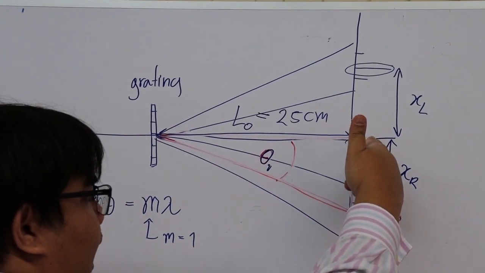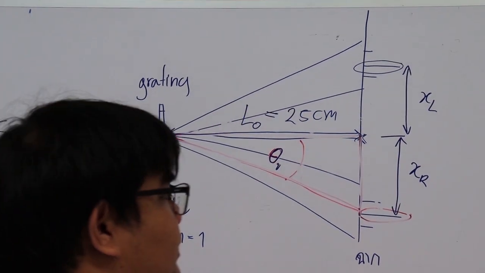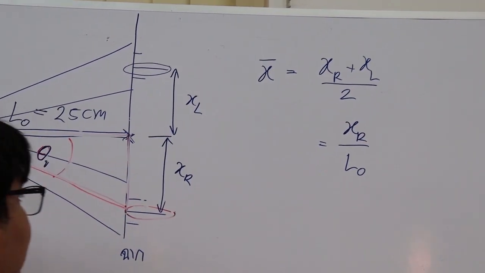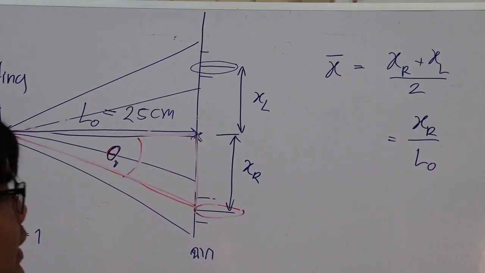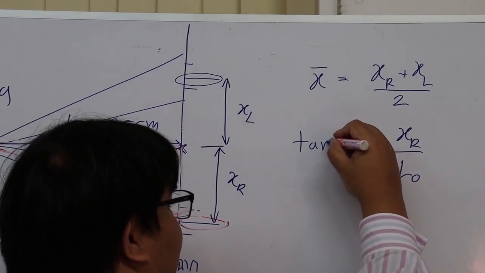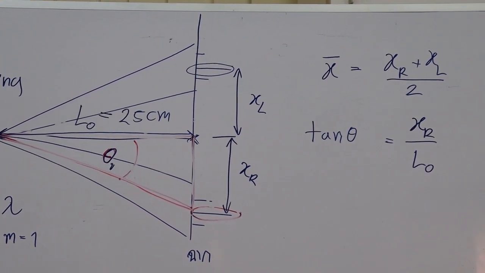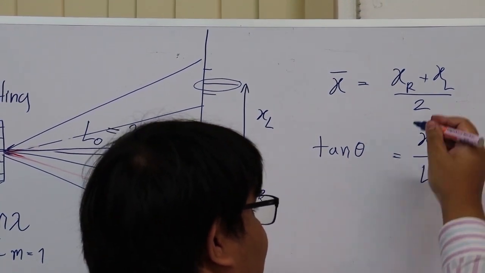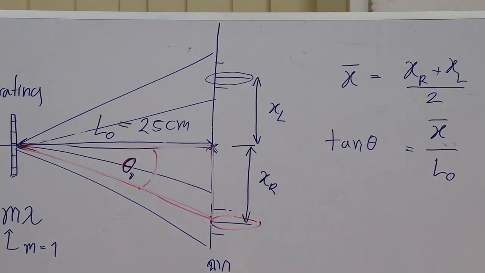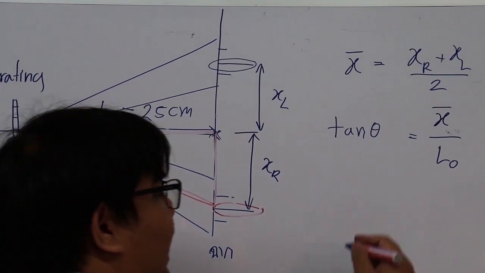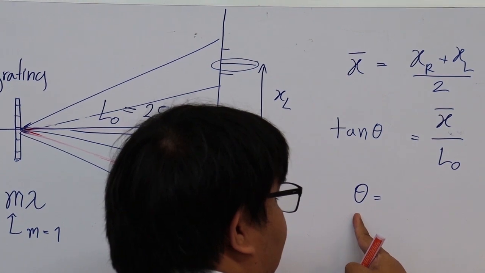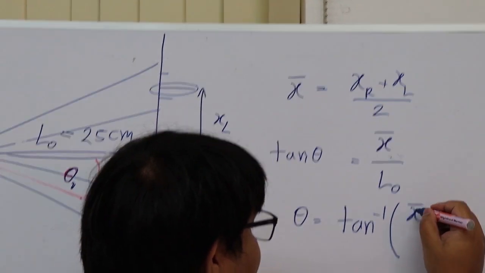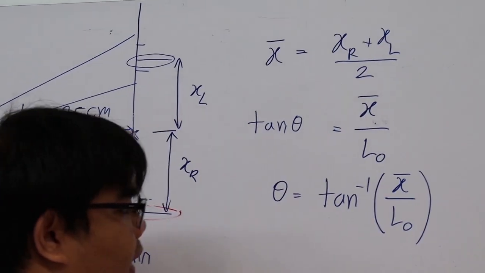Consider again that red triangle. XR over L0 has the relation to the angle theta, that is tan theta. But because I changed from XR to X bar, because we use the average value, I can get the angle theta equal arctan of X bar over L0.